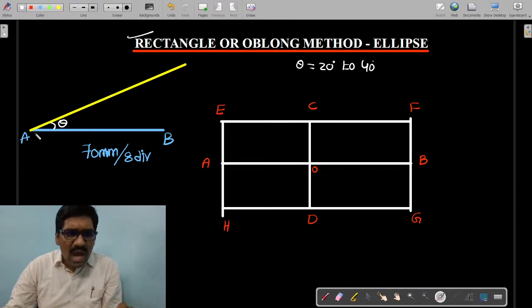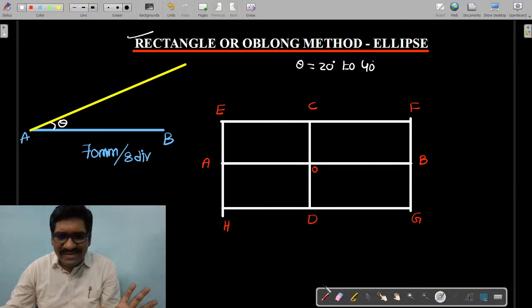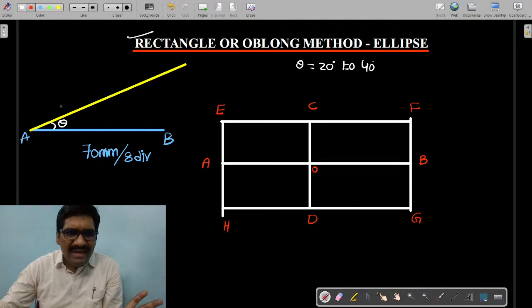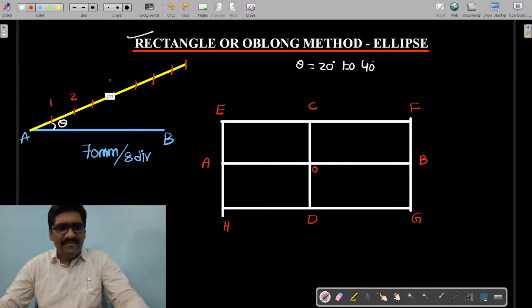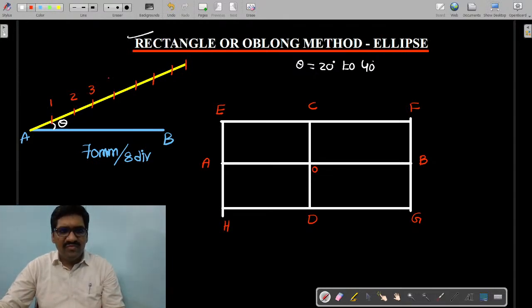Now, how many divisions do we have to make? We have to divide into 8 divisions. Therefore, simply mark 8 points on the line: 1, 2, 3, 4, 5, 6, 7, 8.